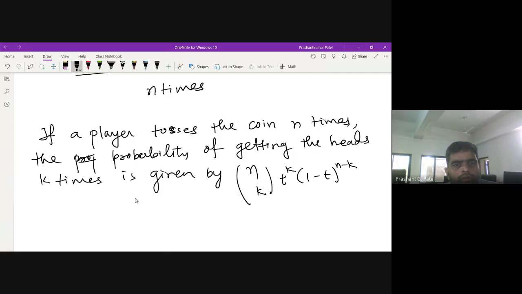It is actually a binomial distribution which we have seen.